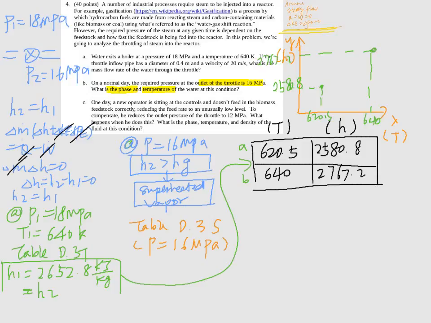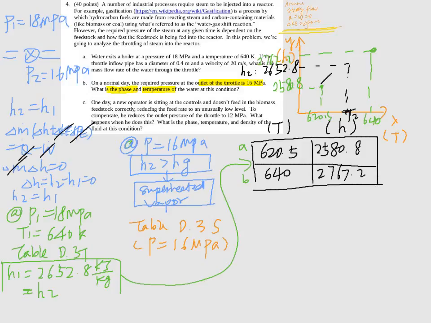And our goal is, let me use a different color here, the value that we want is this H2, which is 2652.8. So this value is here, and we just want to find this temperature, T2, right here.